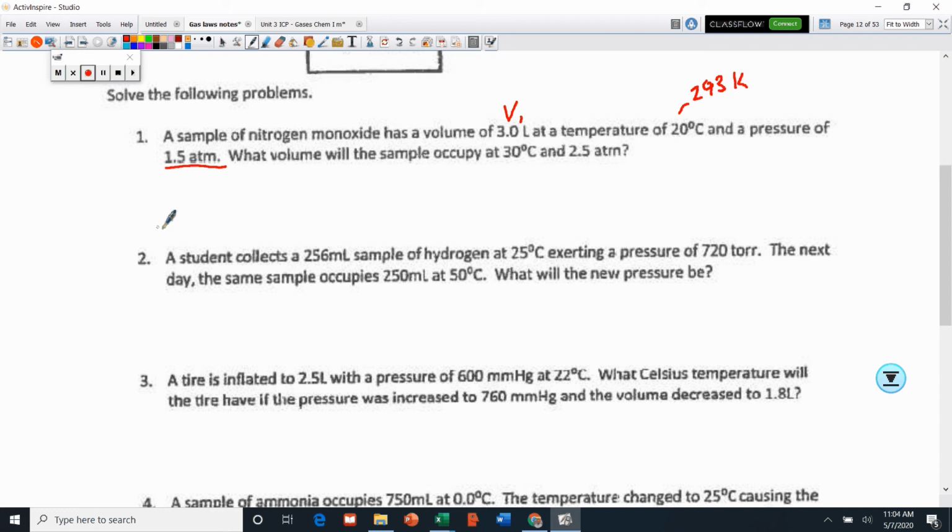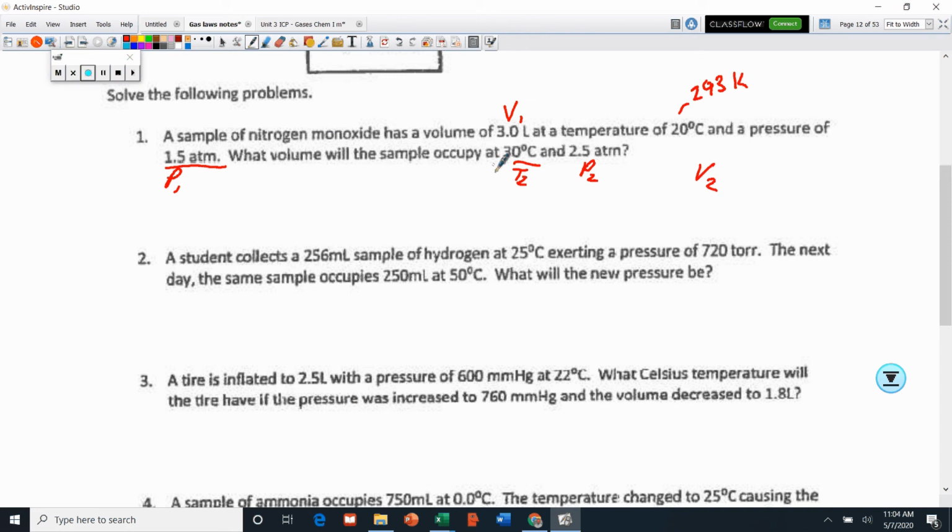What volume will the sample occupy at 30 degrees Celsius? So this is P1. This is T2. And P2, we are solving for V2.